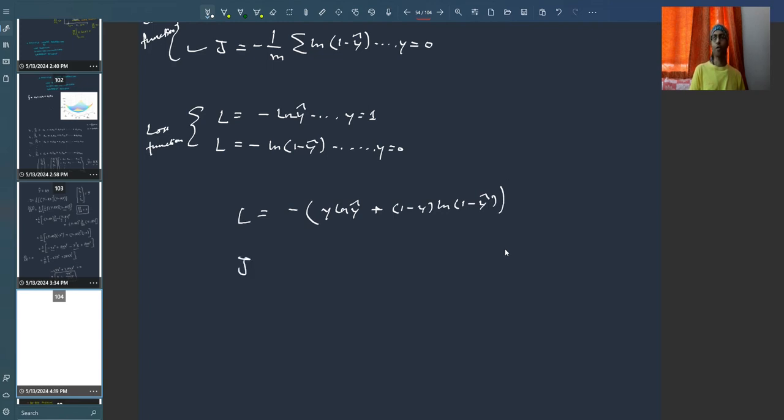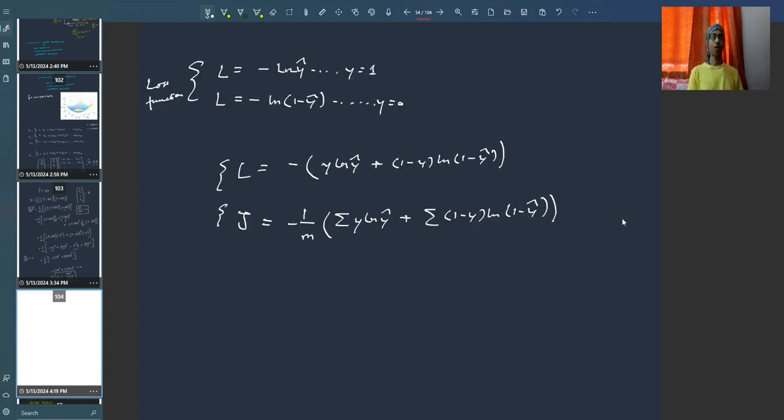And for the cost function, minus 1 by m, because you are taking the average, of the sum of y into natural log of y hat plus the sum of 1 minus y into natural log of 1 minus y hat. This is what they did with the loss function and the cost function.